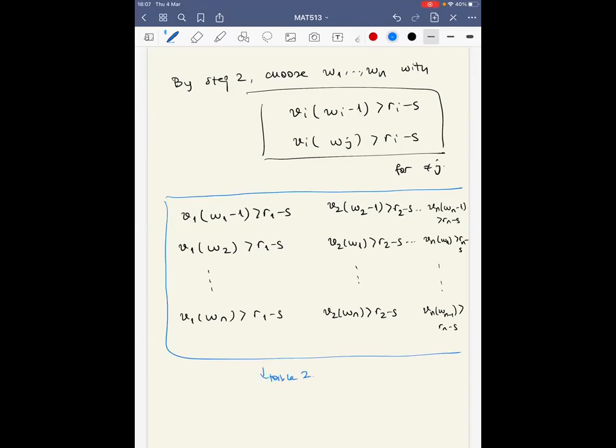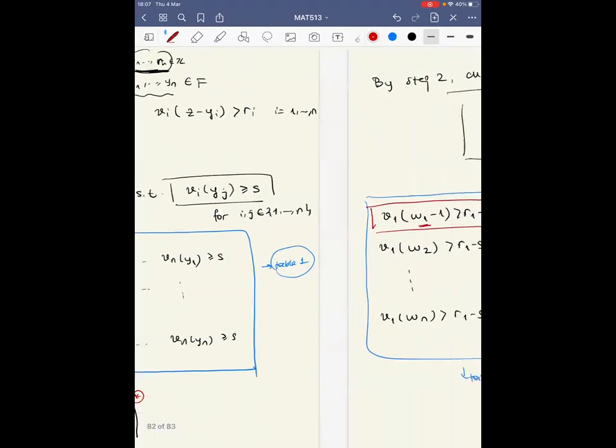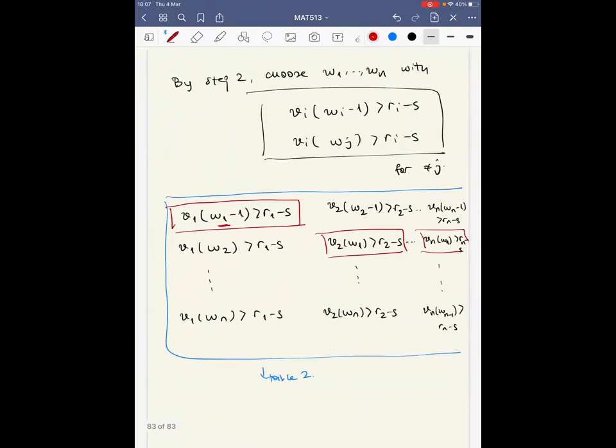And let me here also note that, for instance, the existence of omega 1 can be set when we consider this condition. And similarly, we can see the existence of omega 2 that satisfies the conditions in step 2.